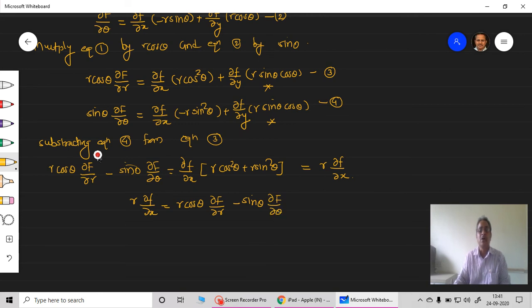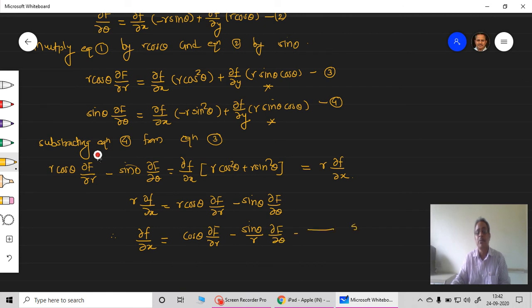Here take this r to the right hand side, and therefore I'll get the final expression: the partial differential of f with respect to x is equal to simply cos theta, this r will get cancelled, into ∂f/∂r minus, this time this r will come in the denominator, sin theta upon r into ∂f/∂θ.